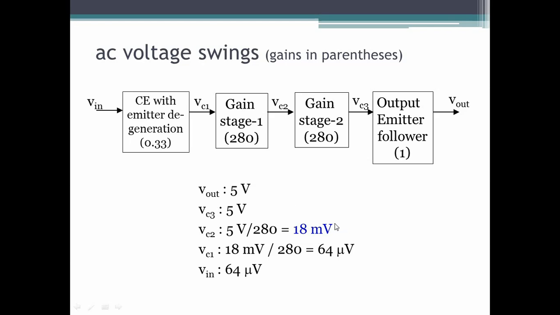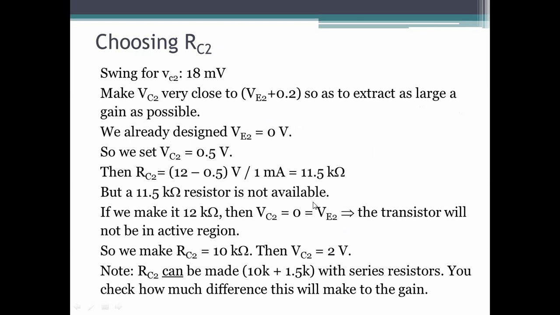The swing at the output of the first gain stage is 18 millivolts, which is of course very small, which means that our DC collector voltage at this node can be very close to the emitter voltage. So we say the DC collector voltage can be very close to VE2 plus 0.2, the 0.2 required to keep the transistor in the active mode.